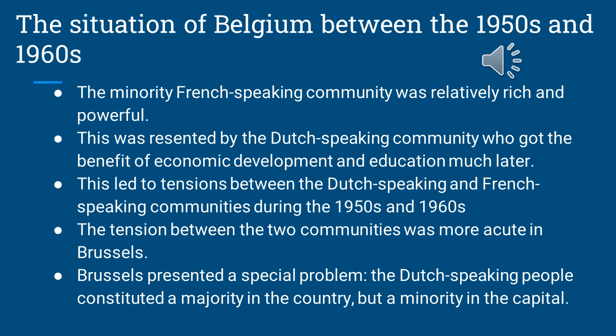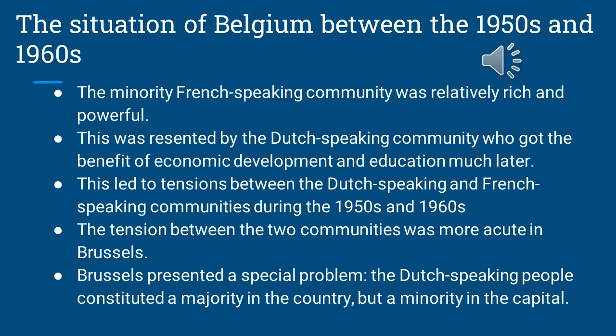So French speakers were highly educated, rich, powerful, and due to this there had been tension between the Dutch speaking and French speaking communities during the 1950s and 1960s. The tension between the two communities was so acute that it was very difficult to handle in Brussels.